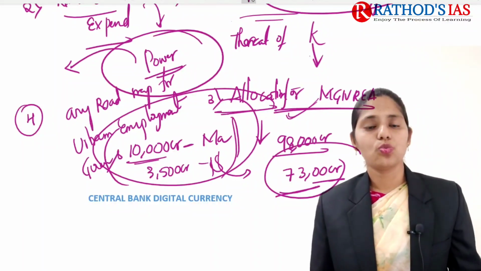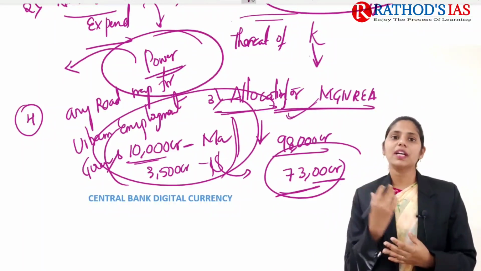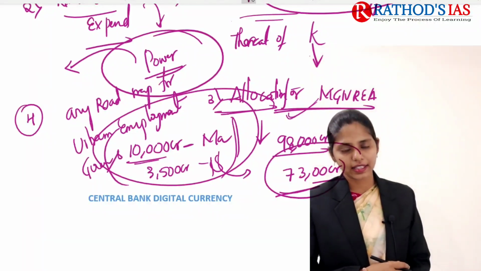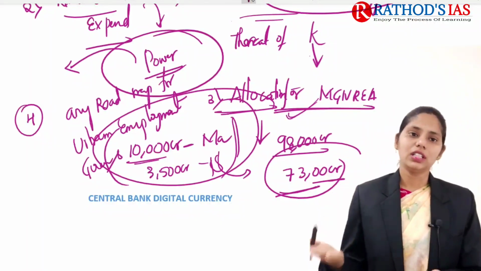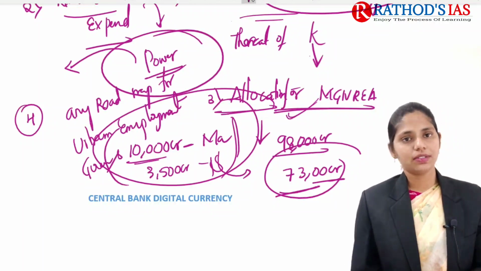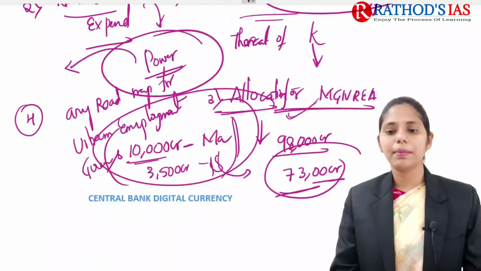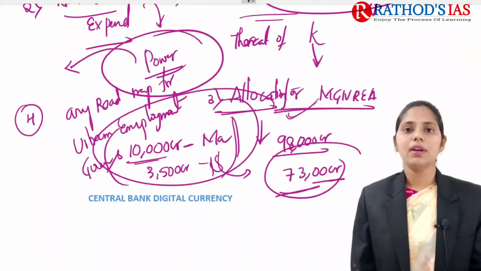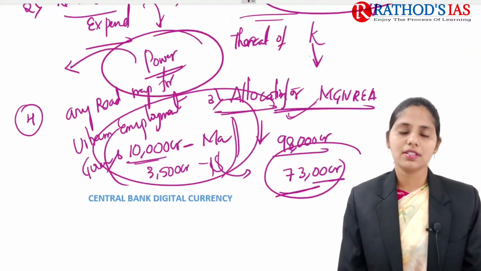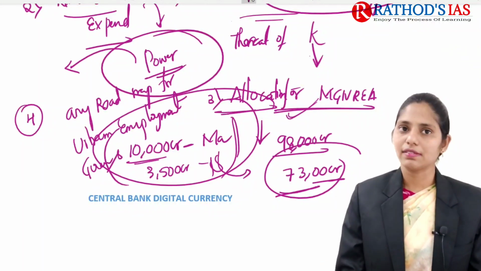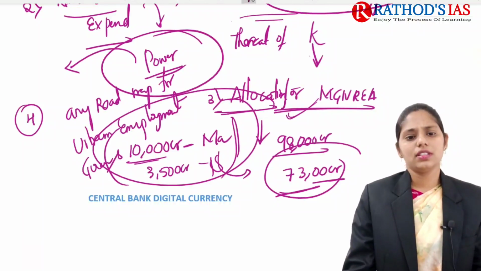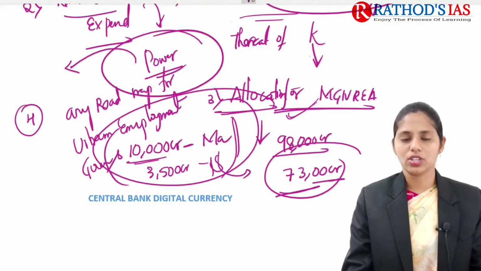In rural areas we have MG-Narega, that is the Mahatma Gandhi National Rural Employment Guarantee Act. But along the same lines, this year's budget did not talk about an urban employment guarantee scheme. This scheme is present in some states like Kerala and Tamil Nadu, but it was not talked about in this year's budget.